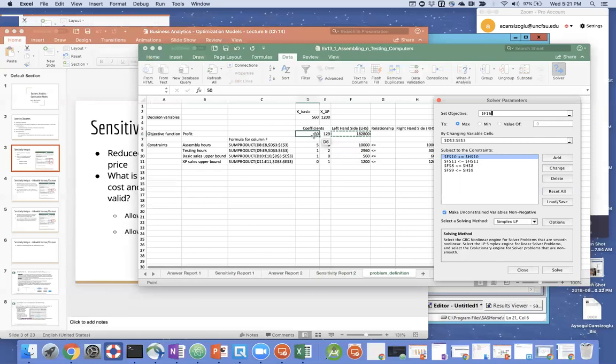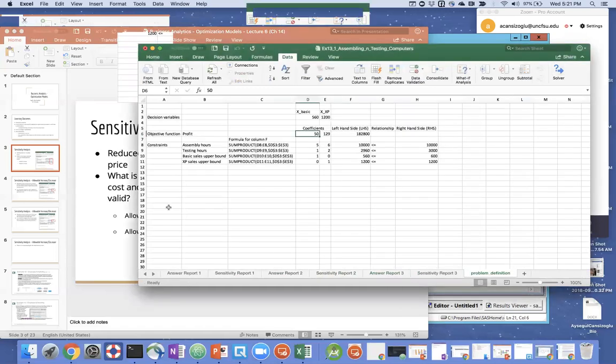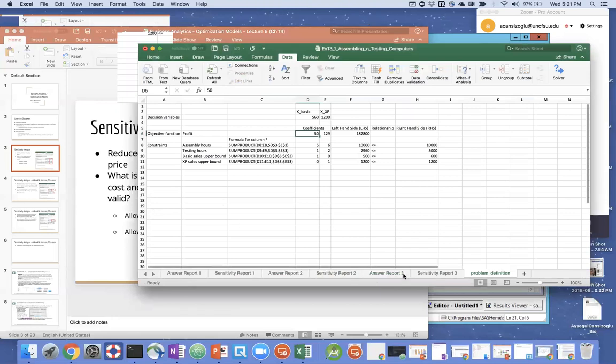We change the coefficient from 80 to 50, and solve again. I'm going to hit this too so that we can compare. Did you see what happened here? Although we decreased this to 50, we still have the same exact optimal solution.